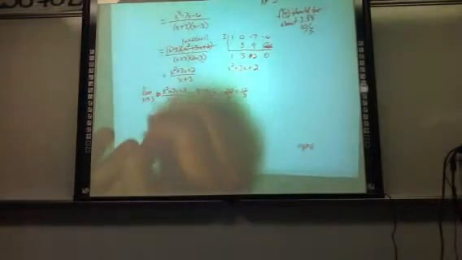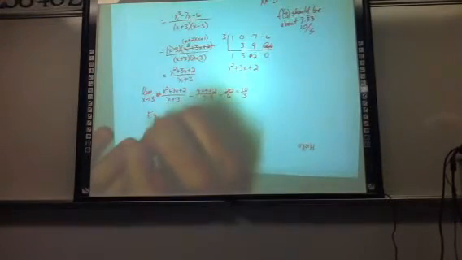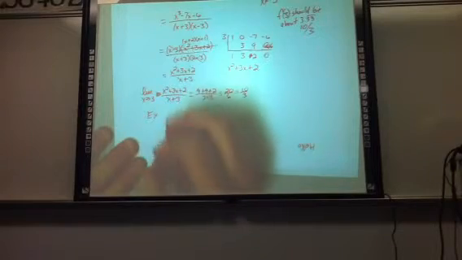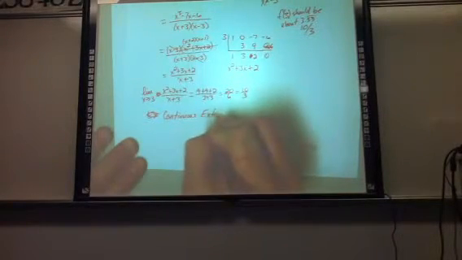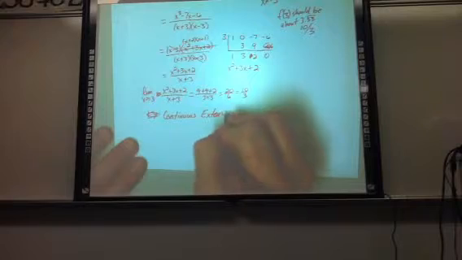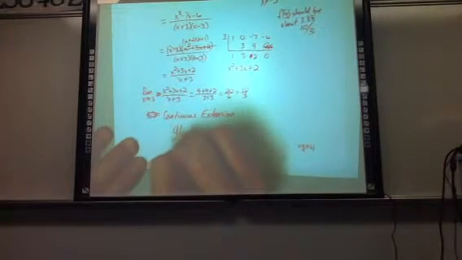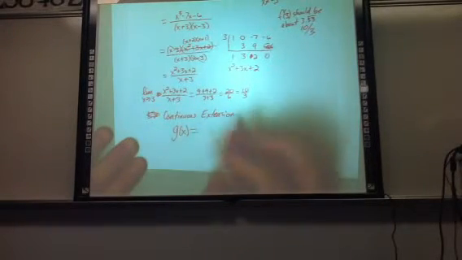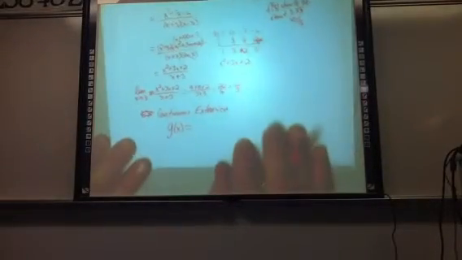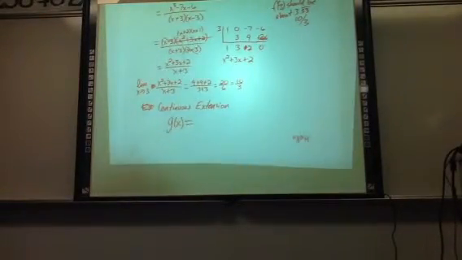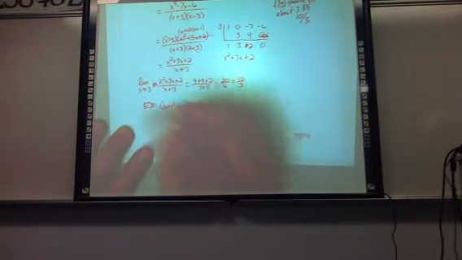So, what we have now, we call this our continuous extension of f of x. We'll call it g of x. So g of x is just going to be taking f of x and making it continuous, or as continuous as we can make it.